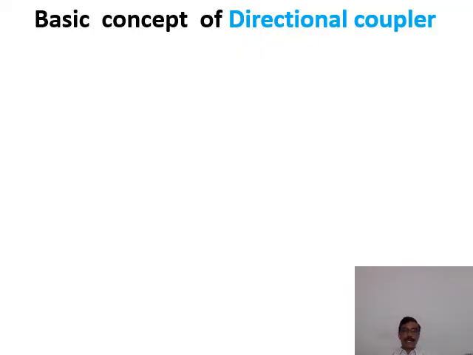If you have a current carrying conductor, and if you put another conductor near to the first one, let us see what will happen. Current is flowing in the first conductor in this direction. It will induce EMF in the second conductor placed near to the first conductor.